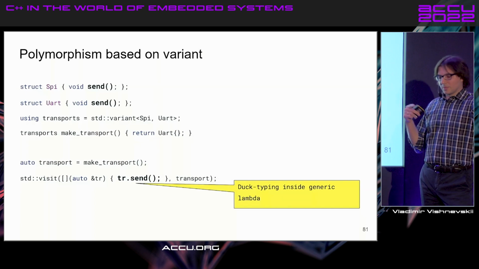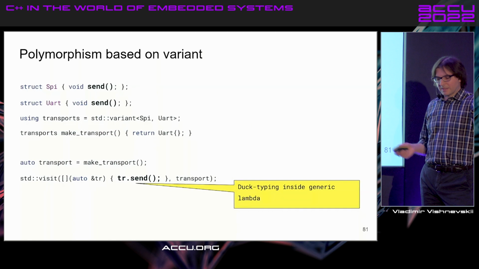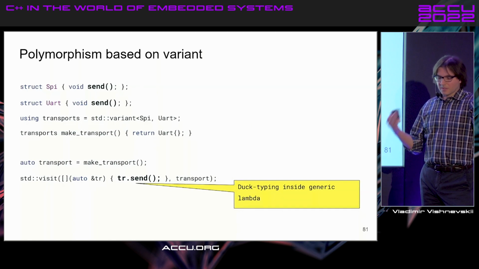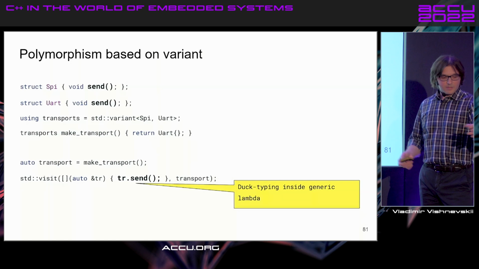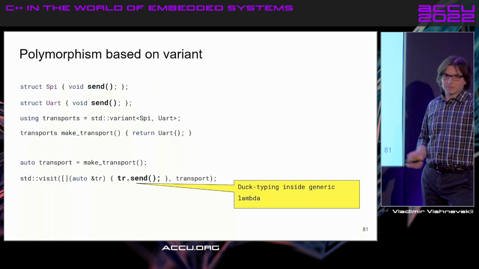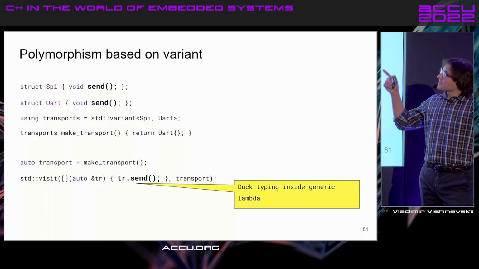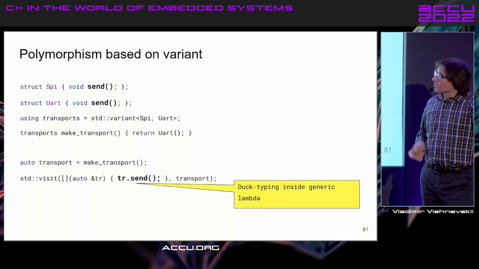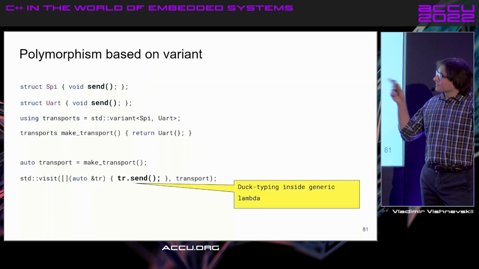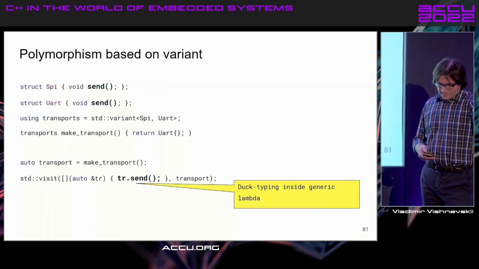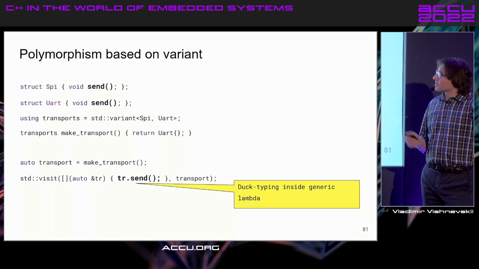Quite often, if we are using dynamic polymorphism, we will need to allocate dynamic memory for the type that should be returned, or at least we can avoid the virtual function call.